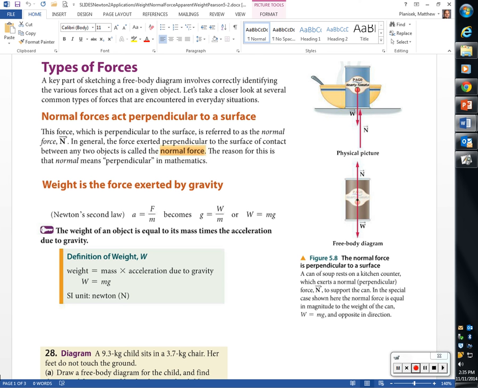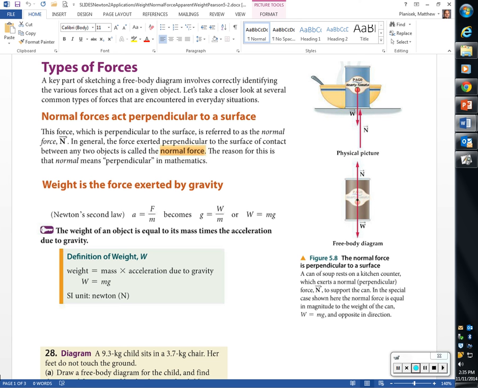This track provides a force straight upward on the cart to balance out gravity. The floor that I'm standing on provides a force upward that balances out the force of gravity so I don't fall down. The chair that you guys are sitting in provides an upwards force that balances out the force of gravity to prevent you from falling to the floor. Okay? These are all examples of normal forces, perpendicular to surfaces, right?